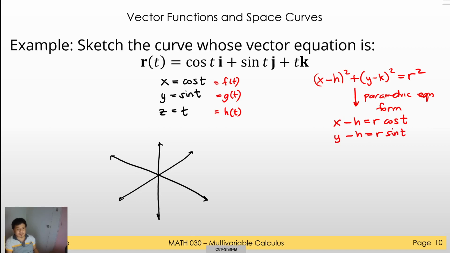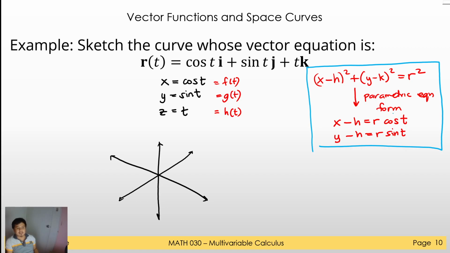So remember this, guys. If you have a given equation that looks like this, you can write it in its parametric equation form that looks like this. And it is also applicable the other way around. If you have this given function, it should be cosine and sine together to draw this circle.